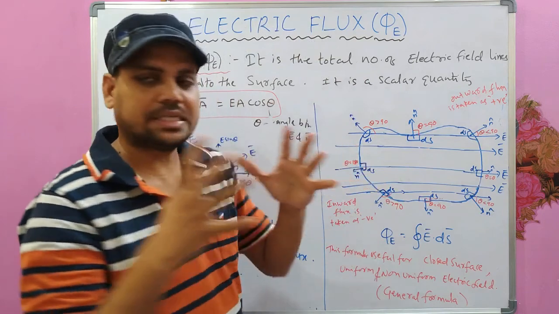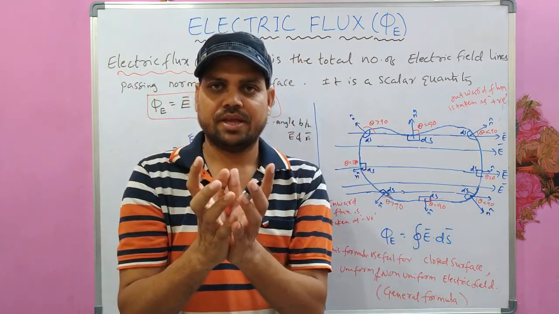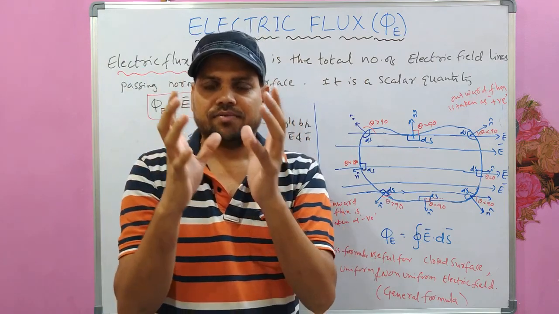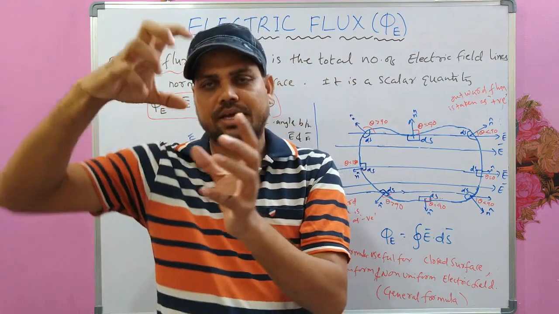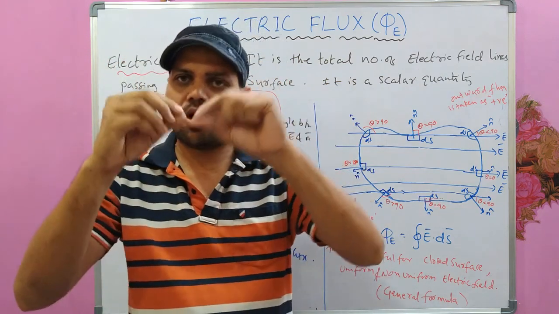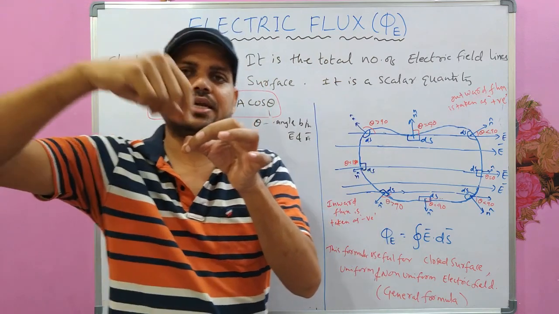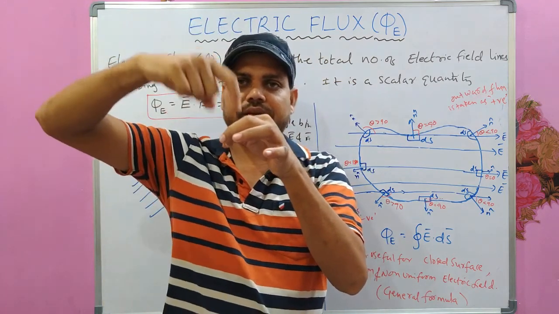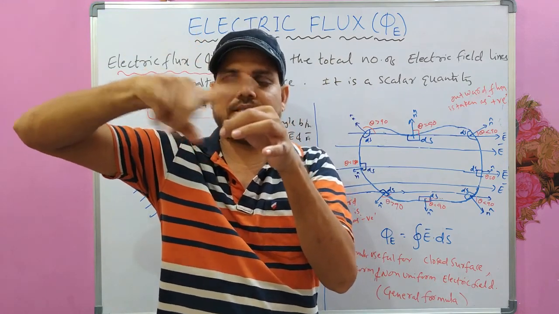As I said in the beginning of this lecture, whenever you have a 3D surface, for finding the total area or the area vector direction, we divide the surface into small segments, and for each segment, the direction of that area will be perpendicular to the plane of that segment that we have considered.